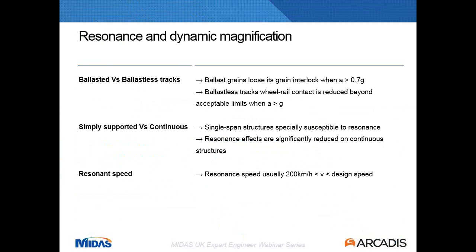If they don't withstand these forces, they are not able to keep the sleepers and tracks in place, and that leads to problems with the track alignment, and then quick deterioration and the risk of derailment.